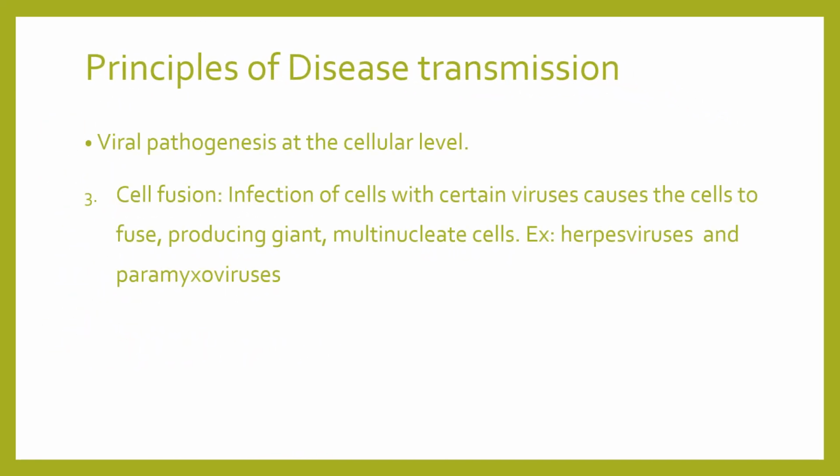Or they can induce cell fusion. So: cell death, transformation, and cell fusion, wherein infection of cells with certain viruses causes the cells to fuse, producing giant cells or multinucleated giant cells. Examples of this would be herpes and the paramyxoviruses.